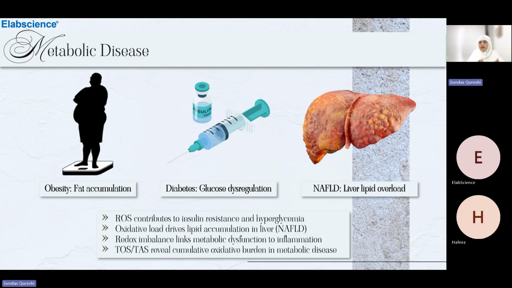In the case of non-alcoholic fatty liver disease, ROS promote lipid accumulation in the hepatocytes, worsening liver function. So by assessing the total oxidant and antioxidant status here, we can capture the cumulative oxidative burden, linking the redox imbalance to metabolic dysfunction and inflammation in liver diseases and obesity.